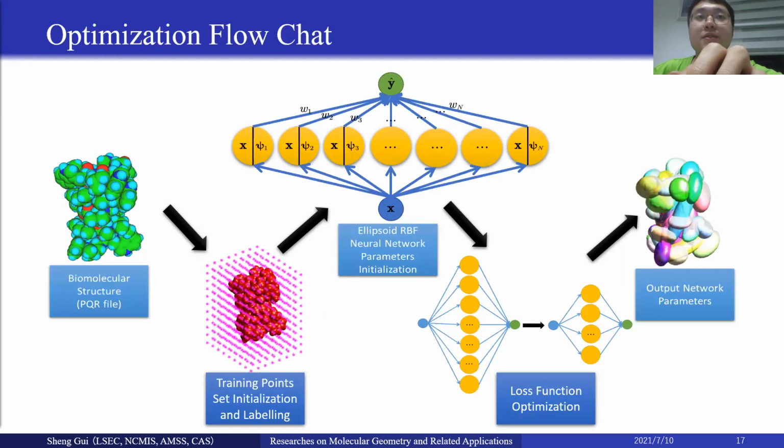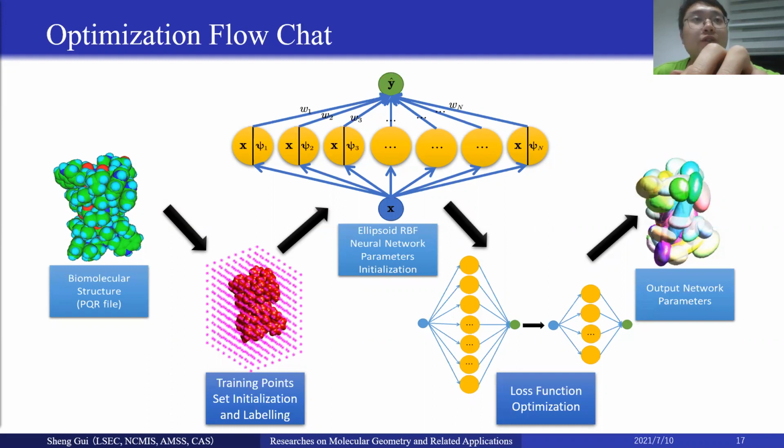In these slides, we describe the algorithm to construct a sparse representation of Gaussian molecular density by the ellipsoid RBF neural network. The inputs of our method are PQR files, which include a list of centers and radii of atoms.